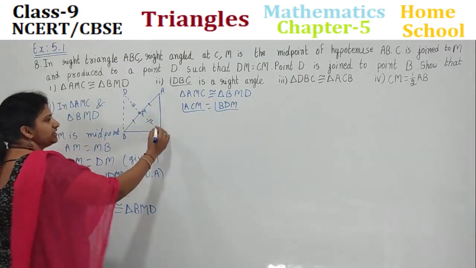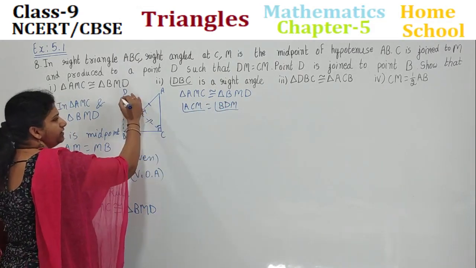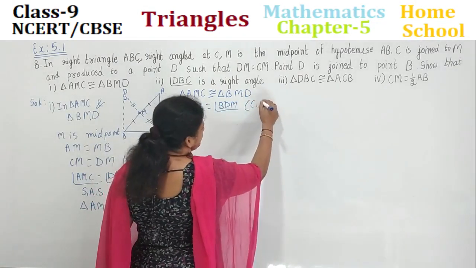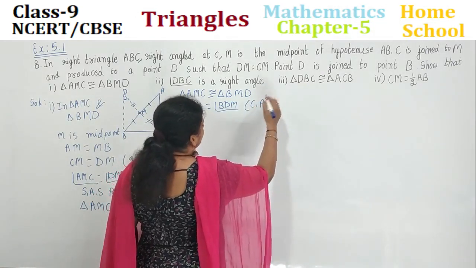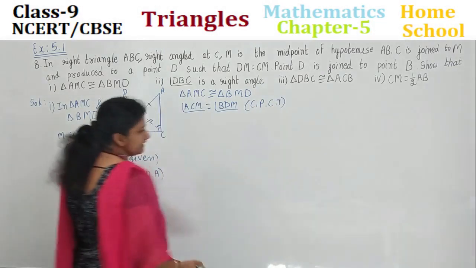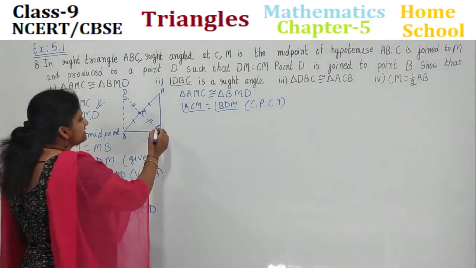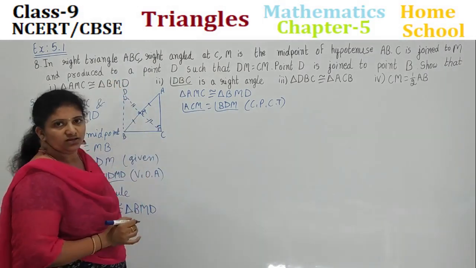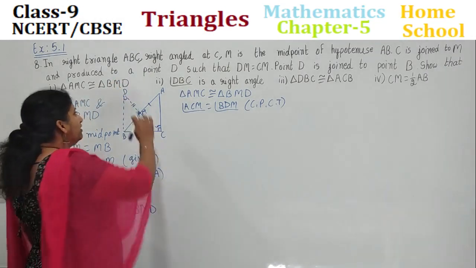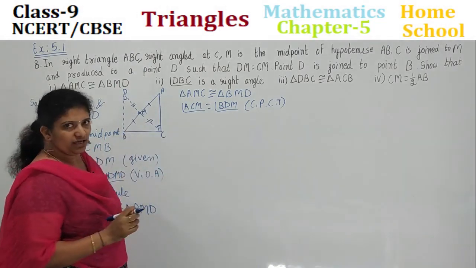How did I write, children? I am saying this angle is equal to this angle by CPCT, corresponding parts of the congruent triangles are equal. According to CPCT, I can say this angle is equal to this angle. So immediately what I can remember, it looks like a transversal. Alternate angles are equal.